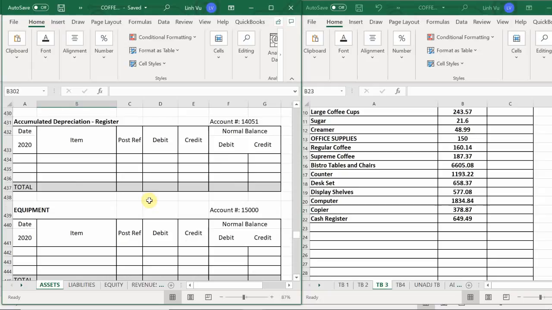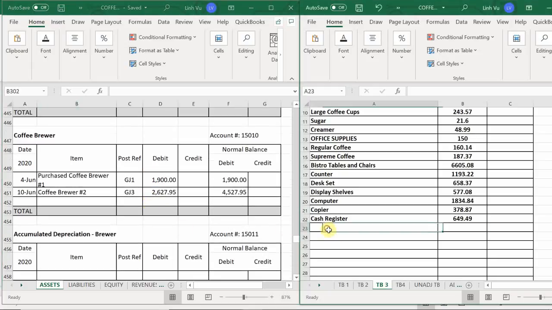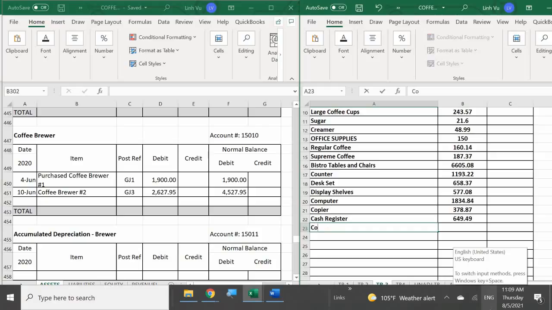Do we have any equipment? Yes, we do. We have 2 coffee brewers. $4527.95.